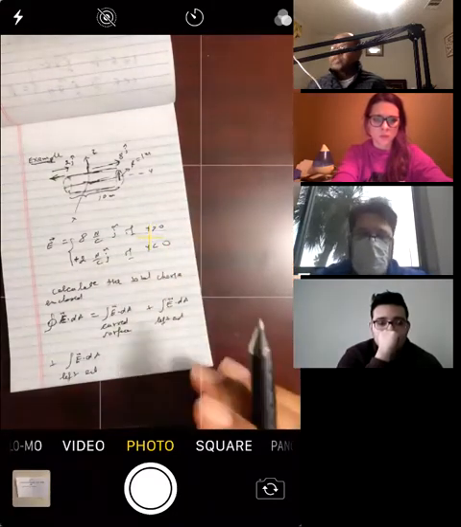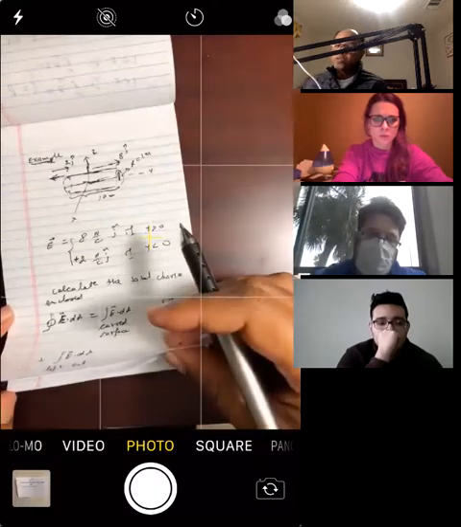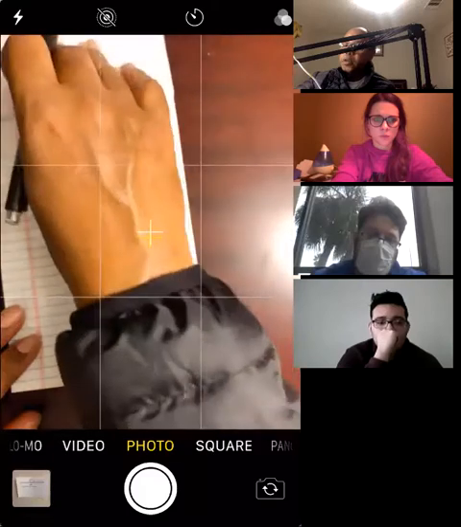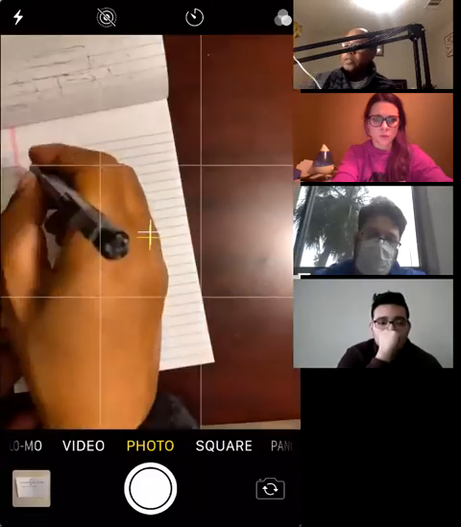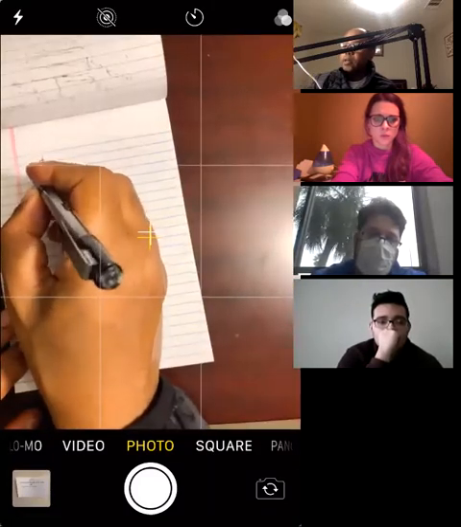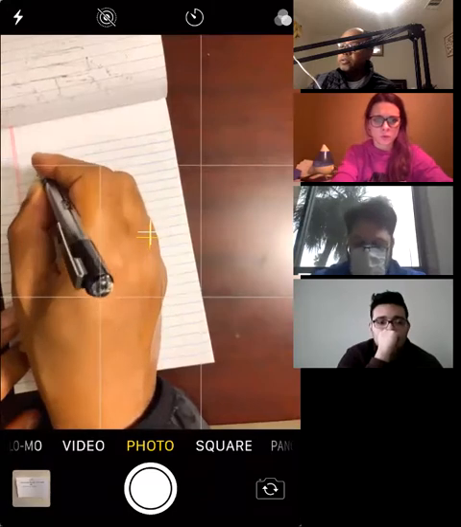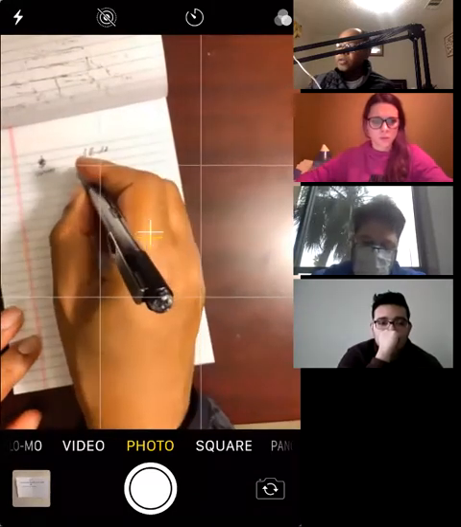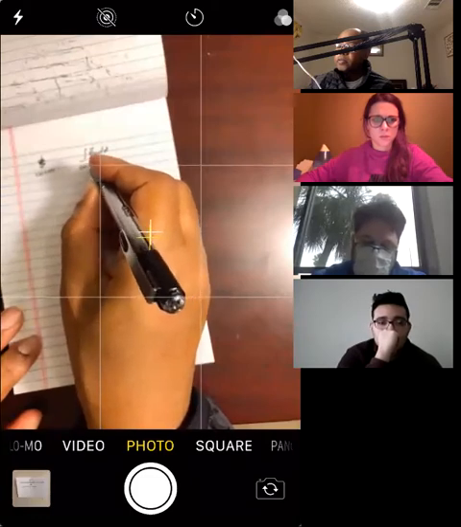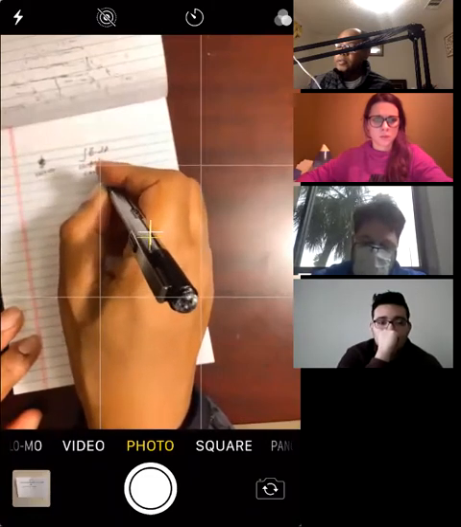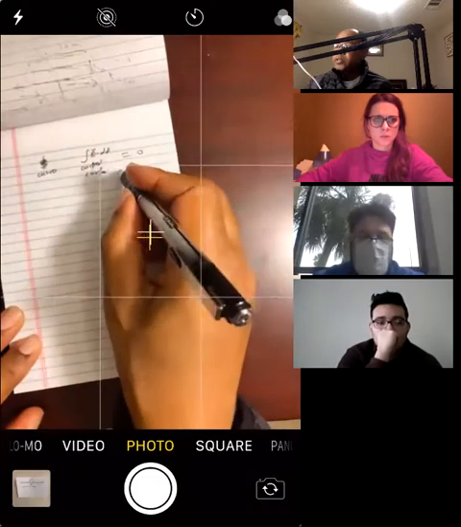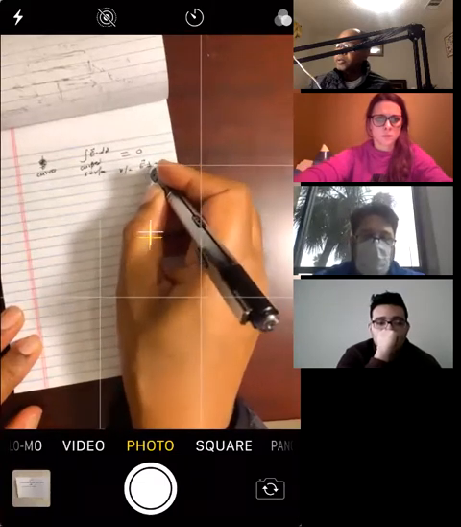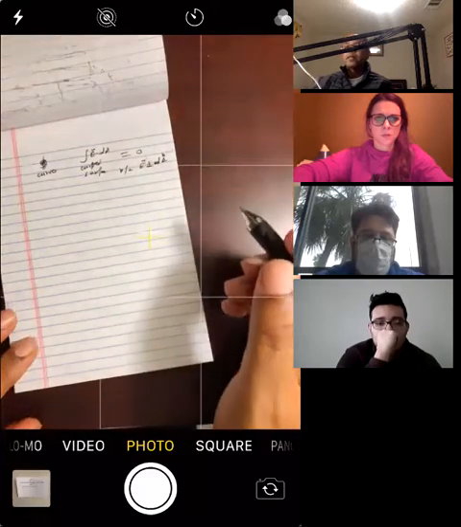So this integral over the curved surface, E dot dA, is going to be 0 because E is perpendicular to the area.